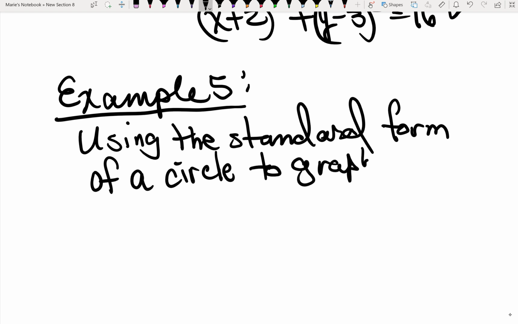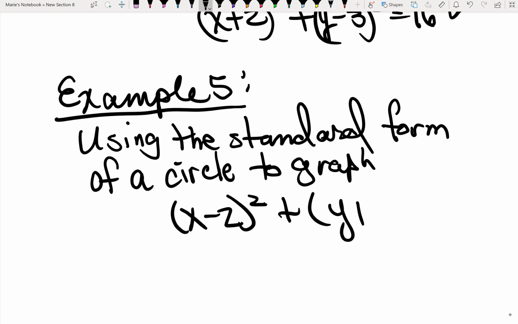And so they're going to start us with x minus 2 squared plus y plus 4 squared is equal to 9. So the center is 2, negative 4.